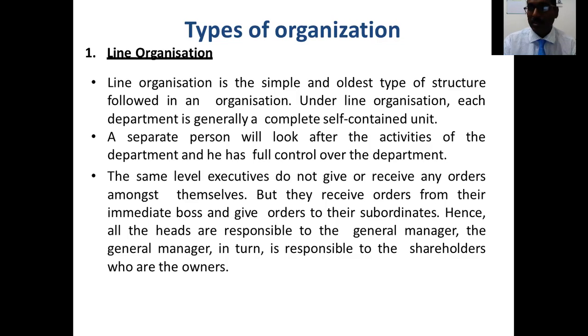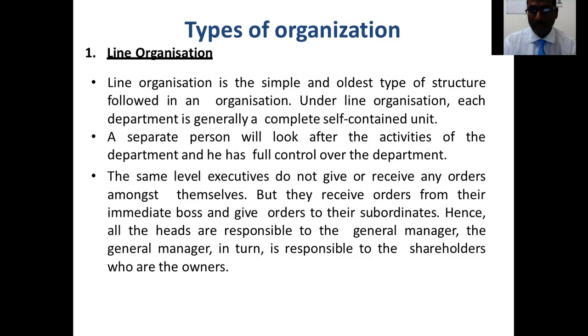So when executives or managers are at the same level, they usually don't give orders to or receive orders from their colleagues. Colleagues means the people working at the same level. But they receive orders from the immediate boss and give orders to their subordinates. So even though they don't give orders among their colleagues, they have the power to give orders to the subordinates, and they need to receive orders from their immediate boss.